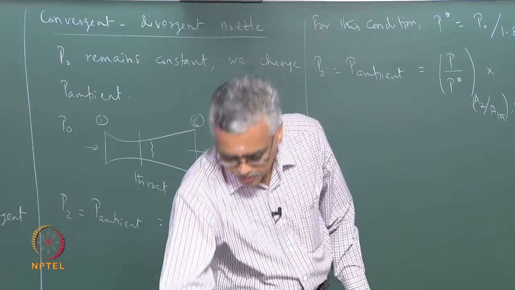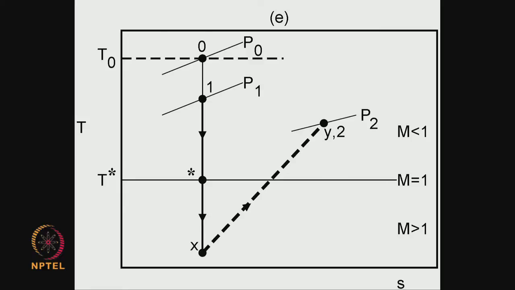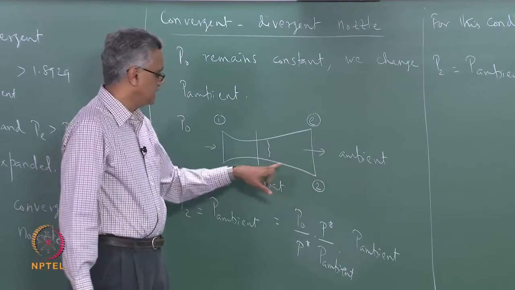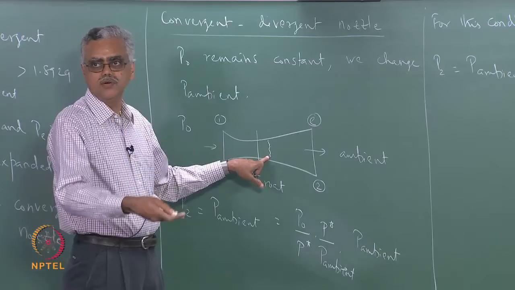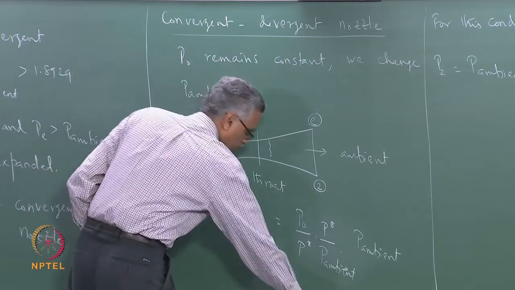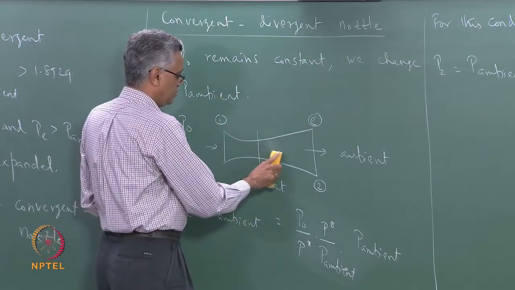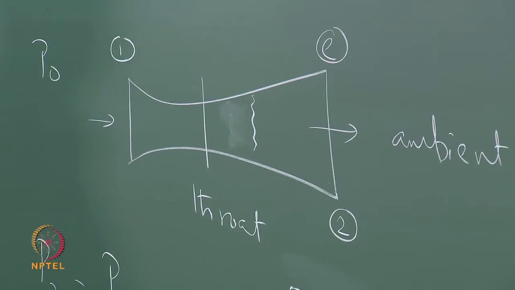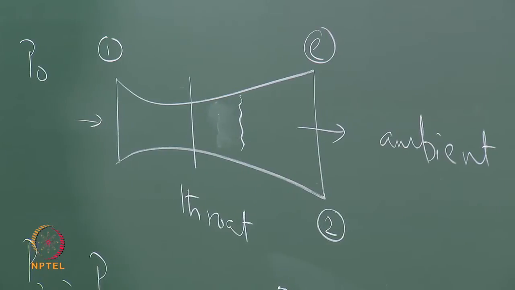If I lower the pressure a little bit more, now I get into a situation where, as I keep lowering this ambient pressure, initially I had a normal shock here. When I lower it a little bit, the normal shock moves from here and positions itself over here. I will show this figure in a minute, but let me just go through this.